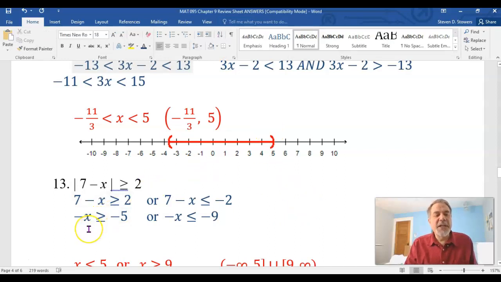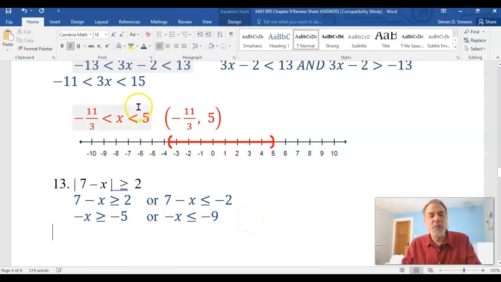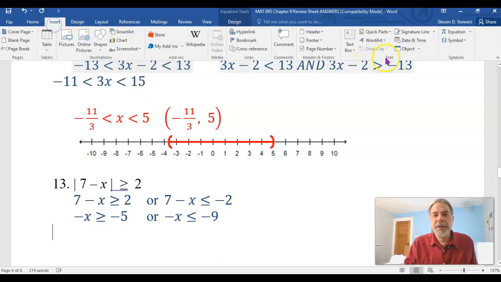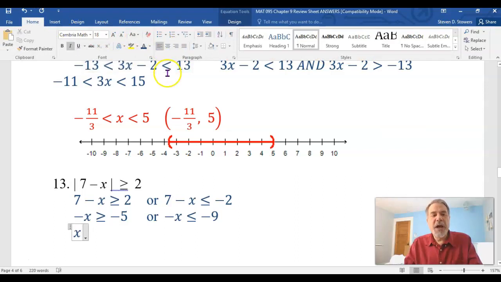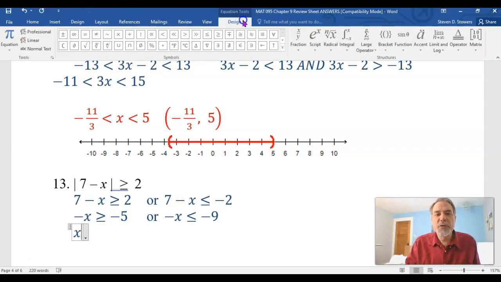Now in both of these we have a -x on one side and we want just an x. So to go from -x to x, we have to divide both sides by -1. But remember, when you have an inequality and you divide both sides of the inequality by a negative number, you have to reverse the direction of the inequality. -x divided by -1 is x.